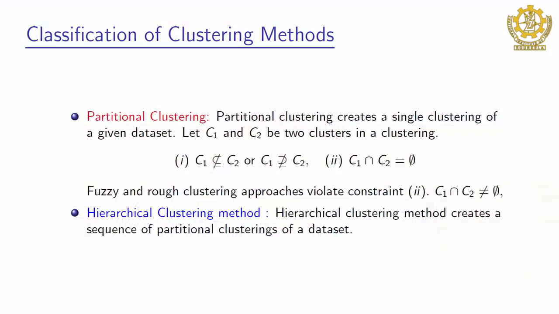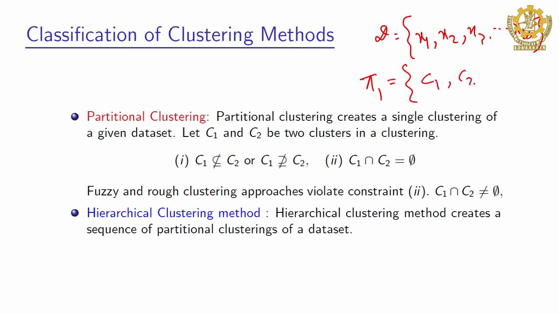Let us say we have a data set, as I said, x1, x2, x3 up to x10, only 10 objects. Now you apply, say, a clustering technique X. Now you get a partition. Let us say this is a partition pi 1. This one clustering technique can give the result as C1, C2, and let us say C3. What is C1? C1 is a group of objects.